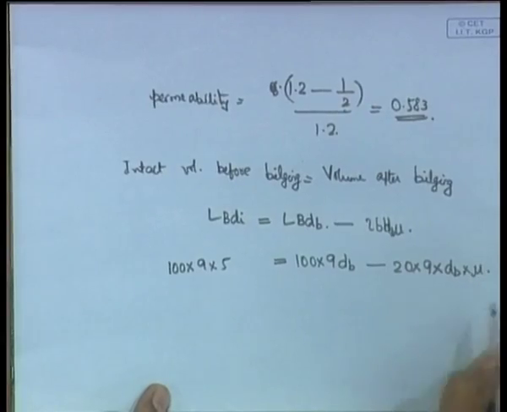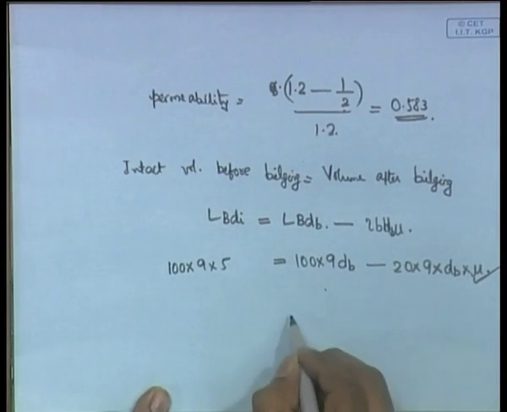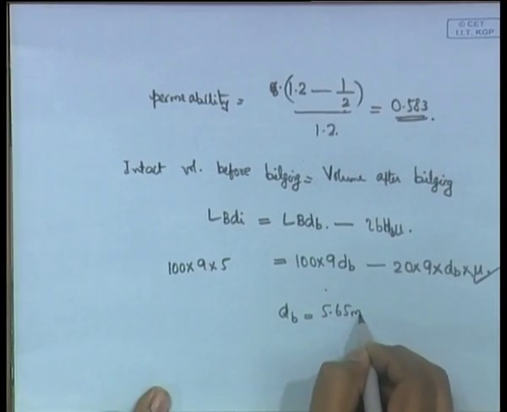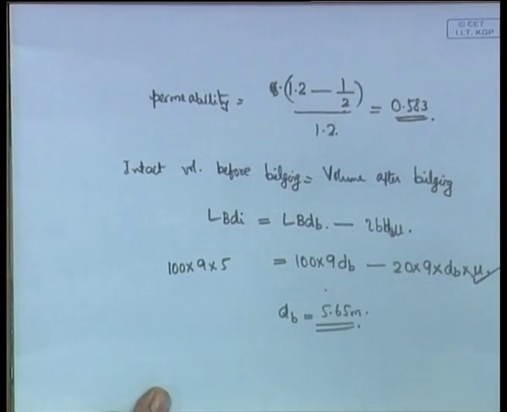Now we just change that slightly, L B dB into mu, that is the volume of water that has flooded. So the only difference is that you multiply it with a mu here. Once you do that, you will get your dB.